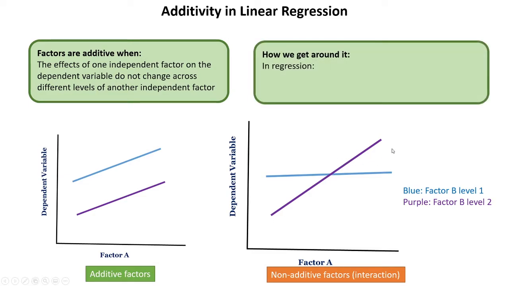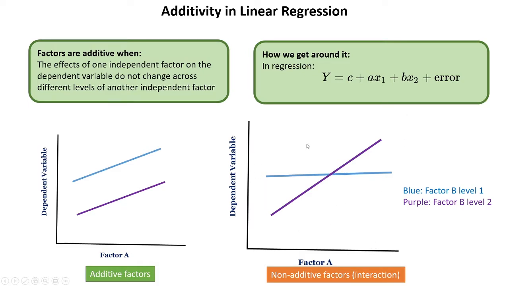That said, it changes what we can use in our analysis, and in general, when you're dealing with additivity in a linear regression, it's because you're dealing with a multiple linear regression, which we'll touch on at the end here. But essentially, in regression, you need to get around this interactivity, and the way you do it, normally a linear regression is y, the dependent variable, equals c, the slope-intercept, plus slope times x, the independent variable, plus slope times x2, the other independent variable, plus the error, right?